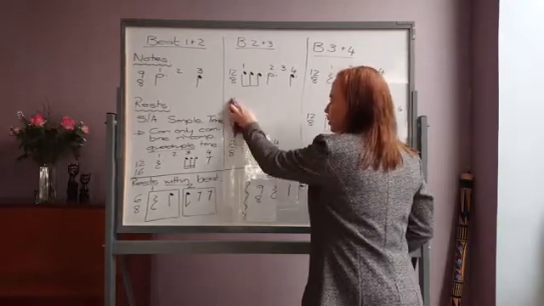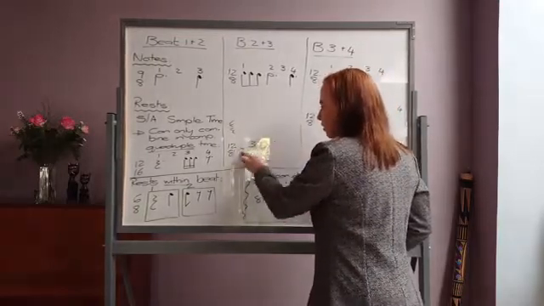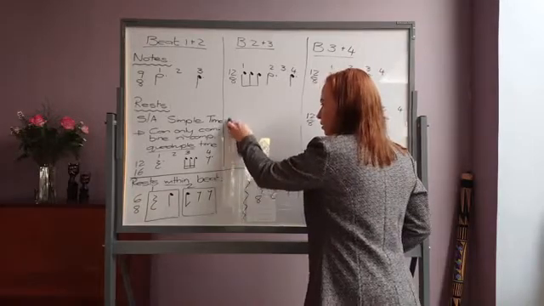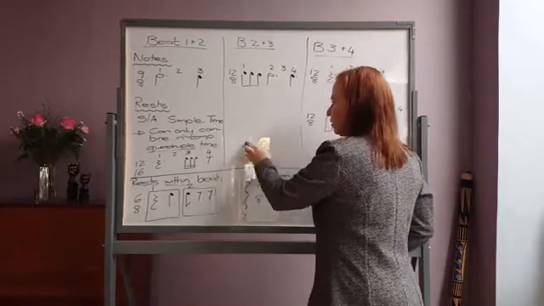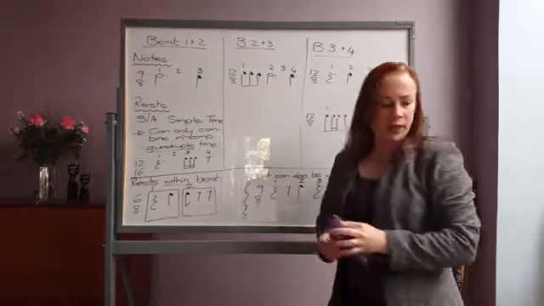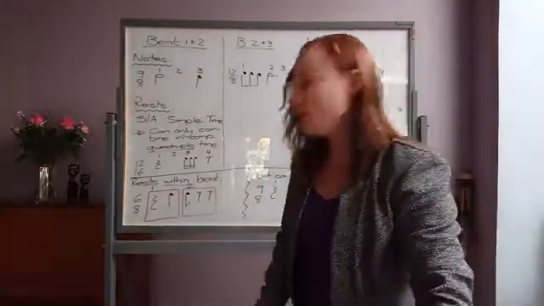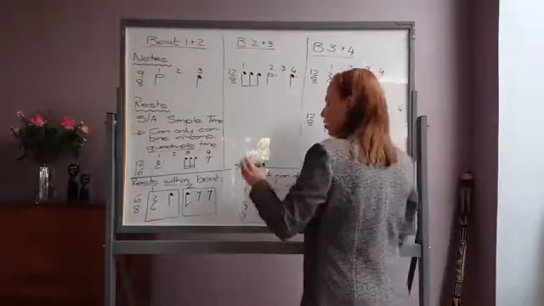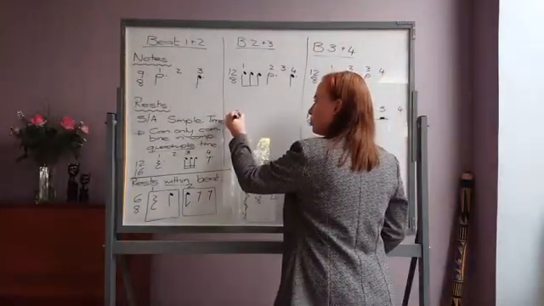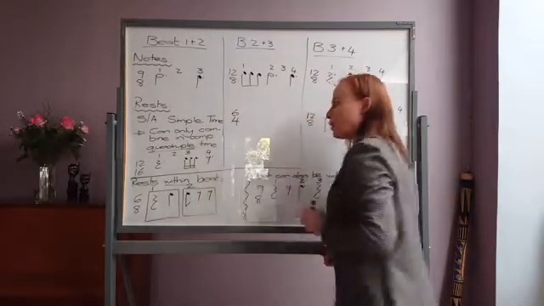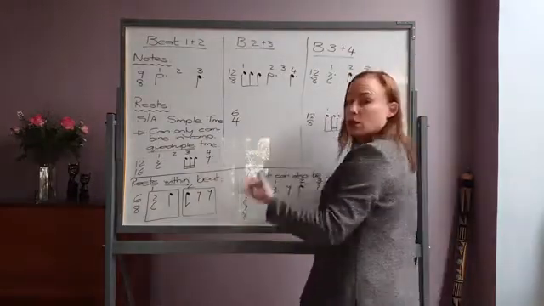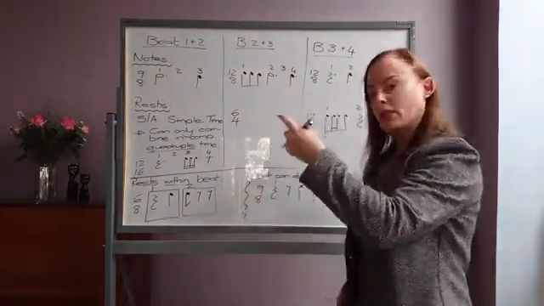Then we also have time signatures where we have dotted minim beats in a bar. So let's quickly have a look at them. Whenever you have a 4 at the bottom, say for example 6 over 4, we know it's a compound time signature because there's a 6 at the top.